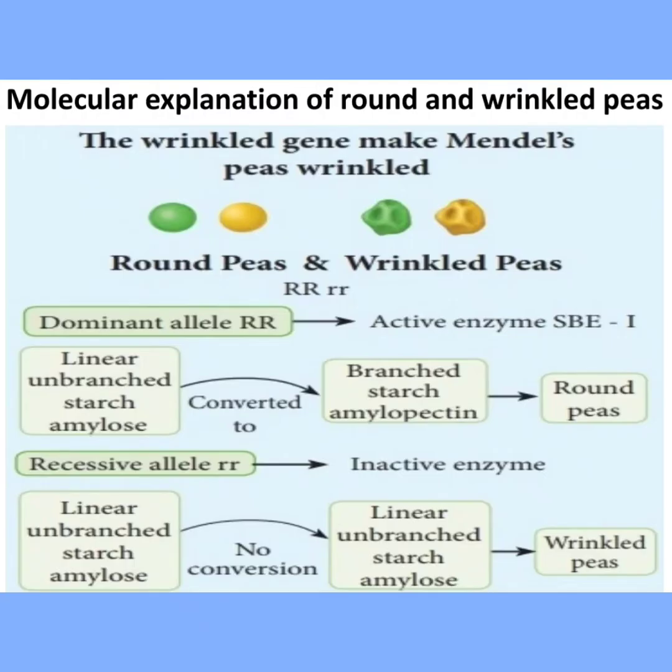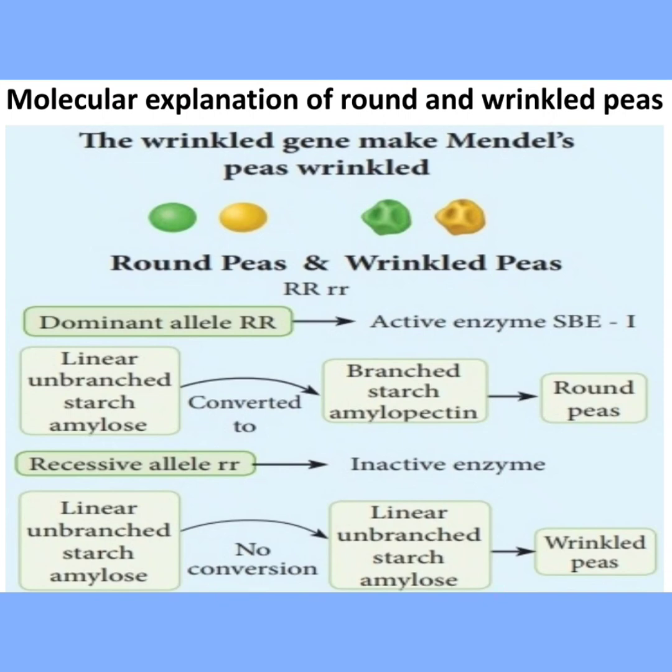Here you can see in this image the molecular explanation of round and wrinkled pea. The wrinkled gene makes Mendel's pea wrinkled. On the left side you can see the round pea. On the right side you can see the wrinkled pea. So the dominant allele R, what it does, it converts the linear unbranched starch amylose into the branched starch amylopectin because of SBEI and forms a round pea.